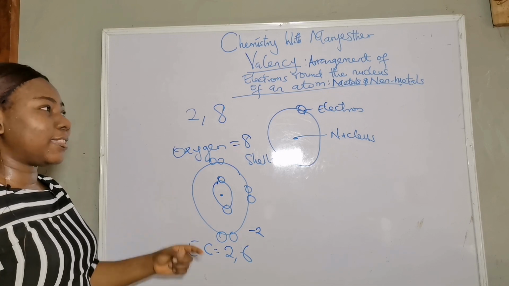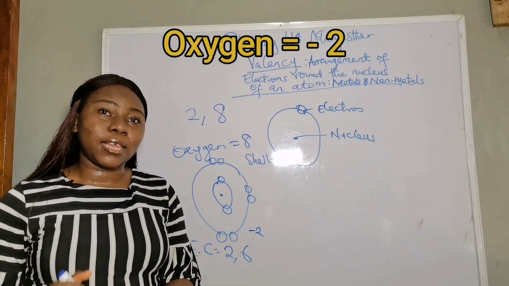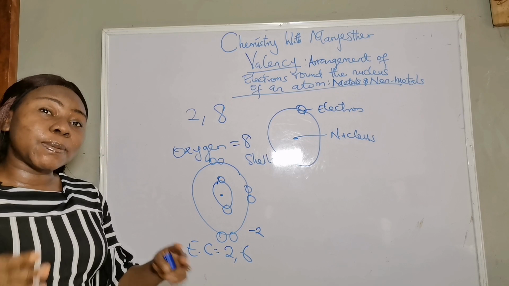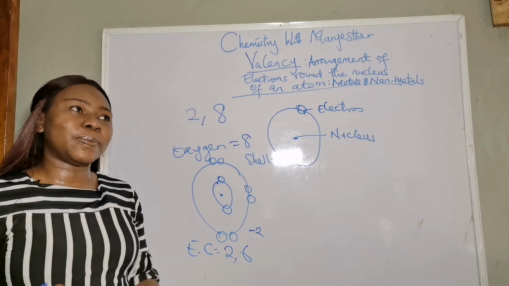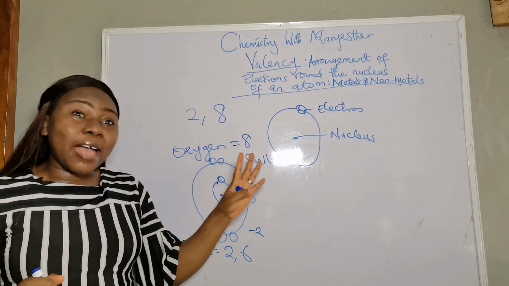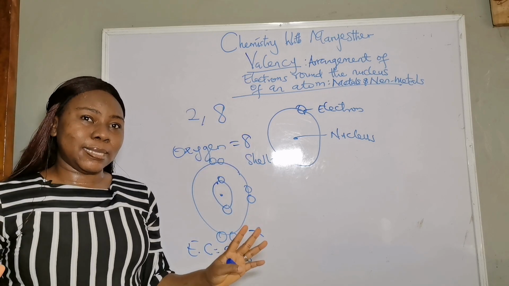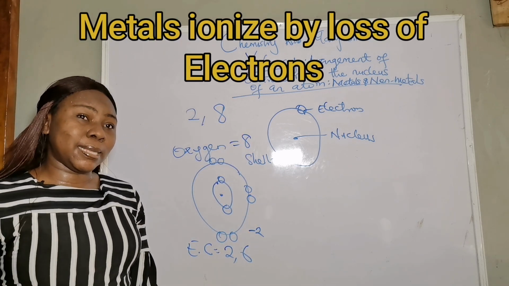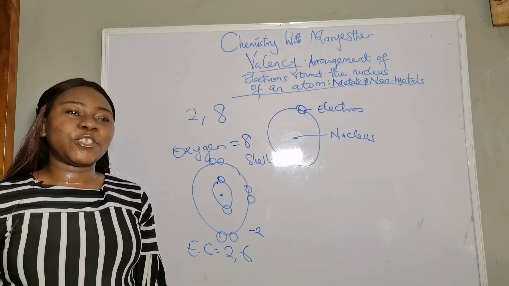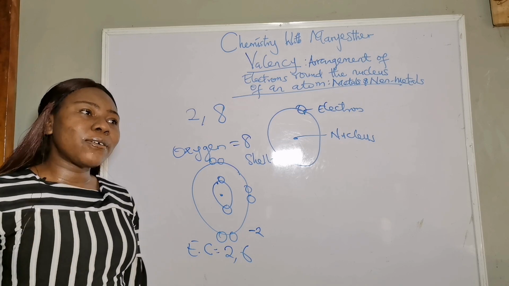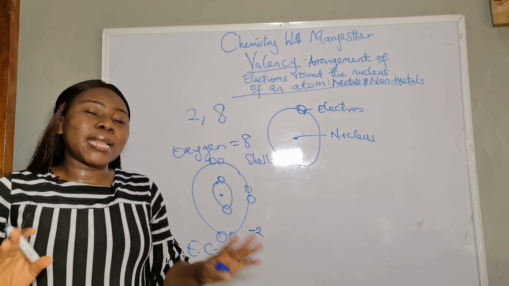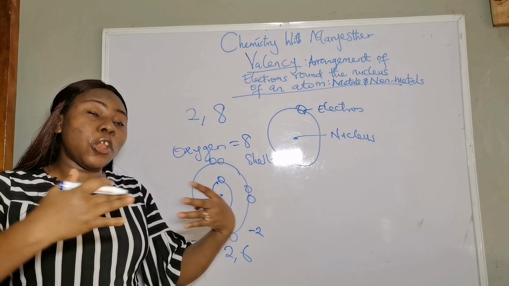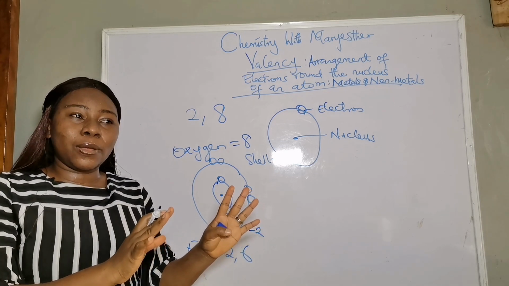But before I continue with this, let us explain what metals are and what non-metals are in terms of electron gain or loss. Metals are those elements that ionize by loss of electrons. What is ionize?